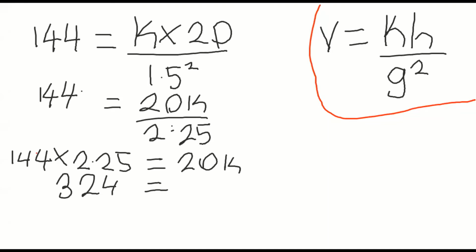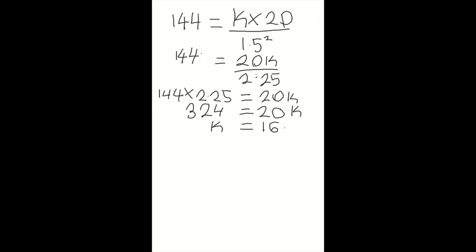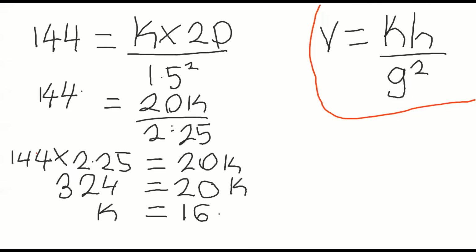Is equal to 20K. When you divide both sides by 20, 324 divided by 20 is 16.2. So K is equal to 16.2.